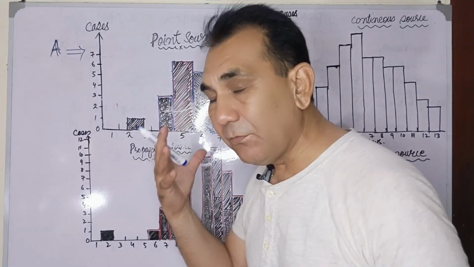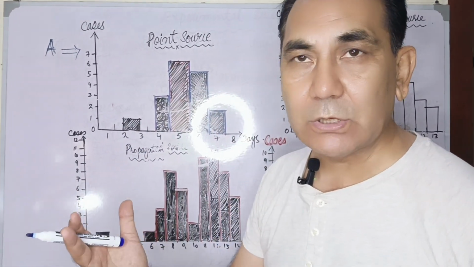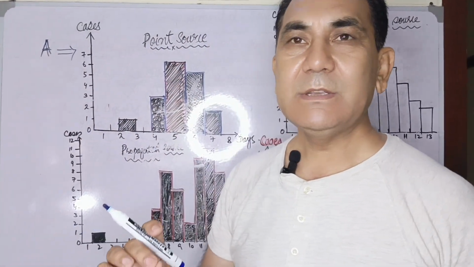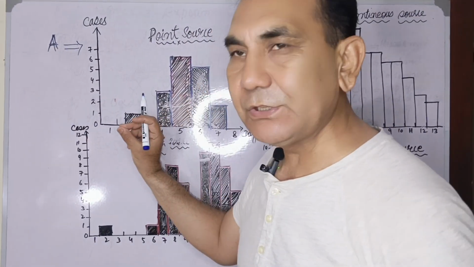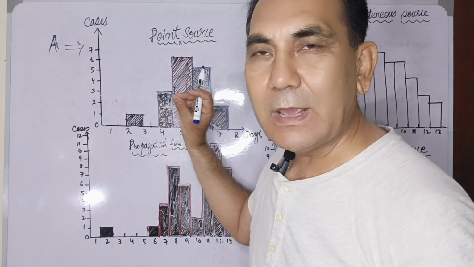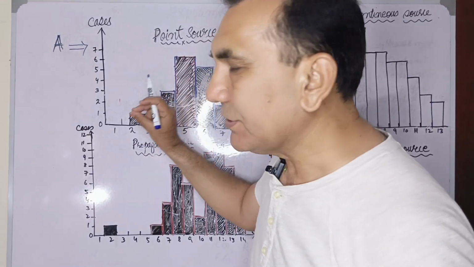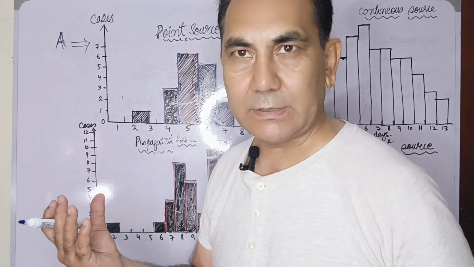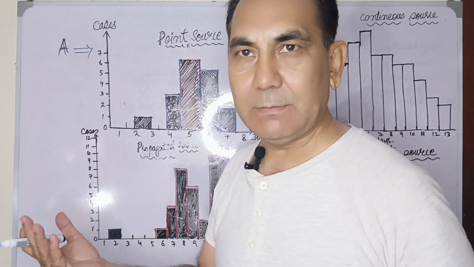So the first type of the epidemic curve is called the point source. Point source means the point in time or the particular event in any geographical area where any disease has become an outbreak or an epidemic.